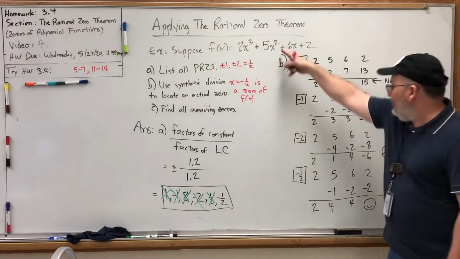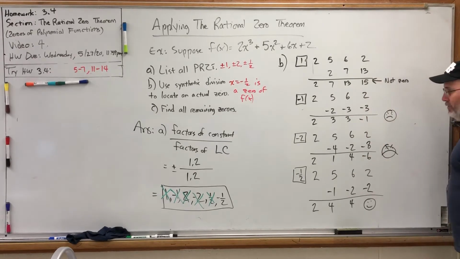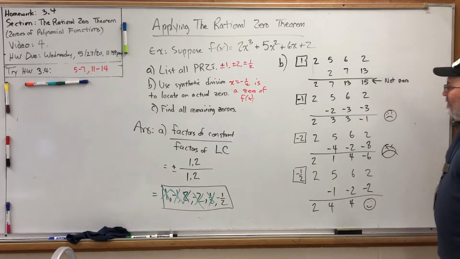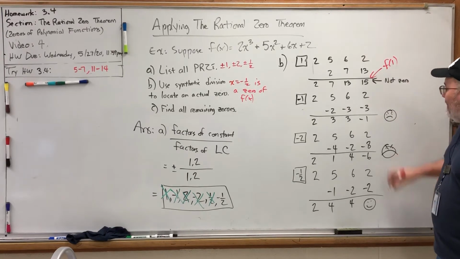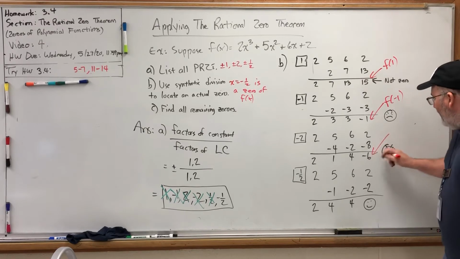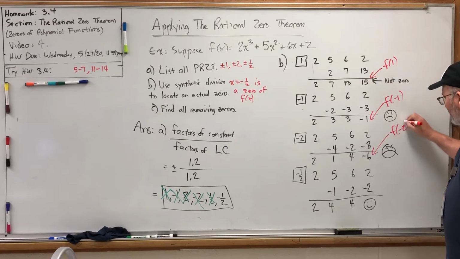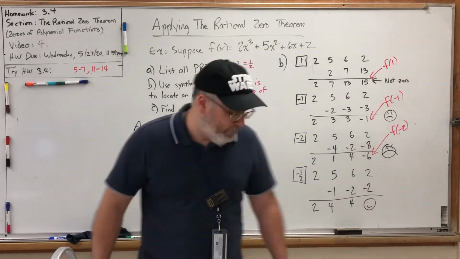And if we put in -2, we get -6. So these synthetic division problems aren't completely useless. They do tell us functional values. That's f of 1 because of the remainder theorem. That's f of -1 for the same reason. And -6 is f of -2. So there's some information, it's just not the information we're looking for.